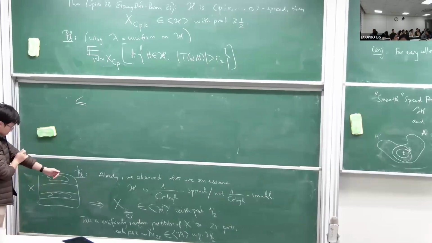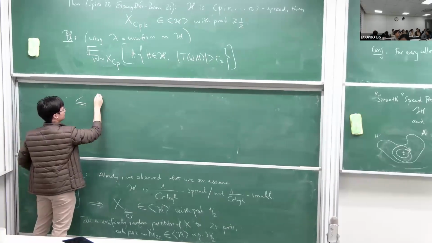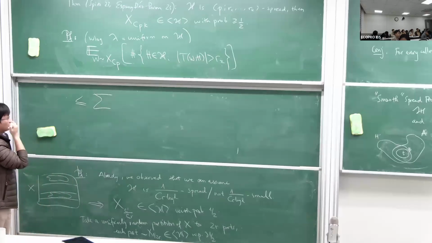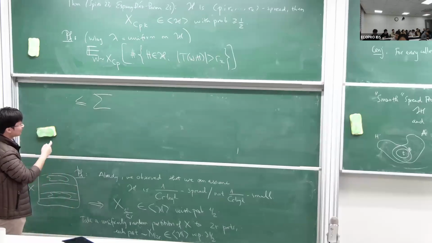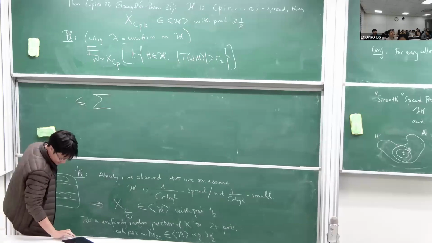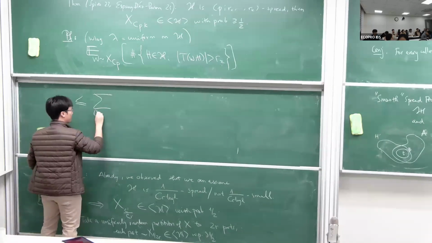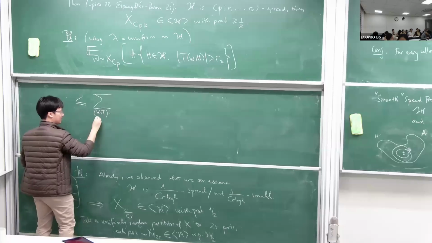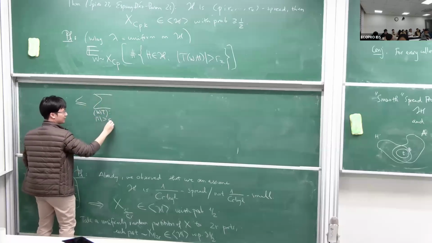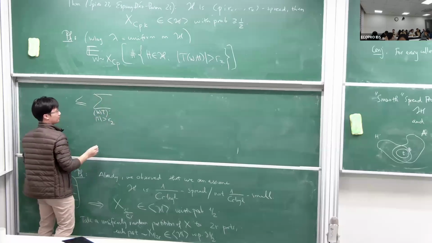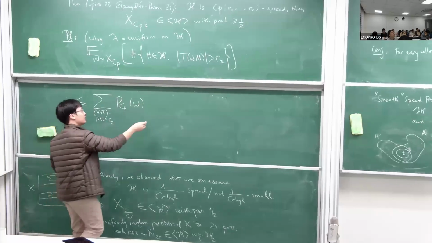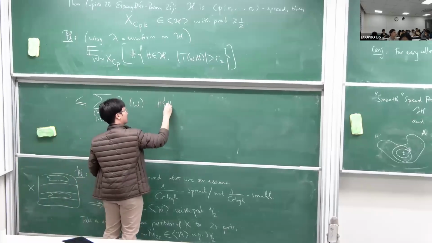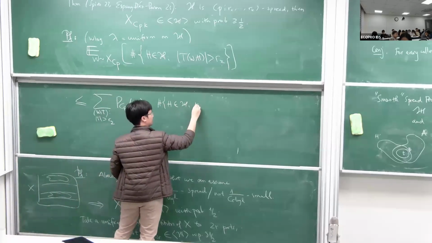Well, this is at most the sum. Okay, so maybe I will do it one step quicker. I will not go through the step where we count. Maybe let me still go through the step where we write out the pair W and T. T is a fragment, T of size at least R2. Okay, we have the probability of W, and then we have the number of H that contains T.